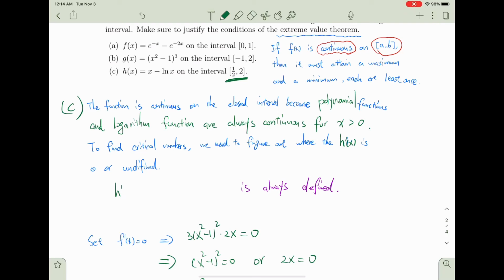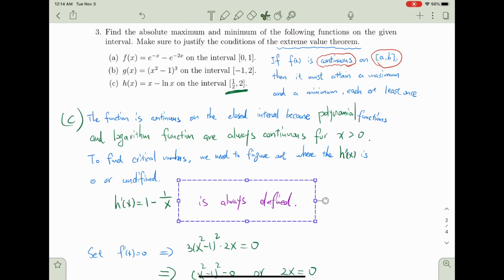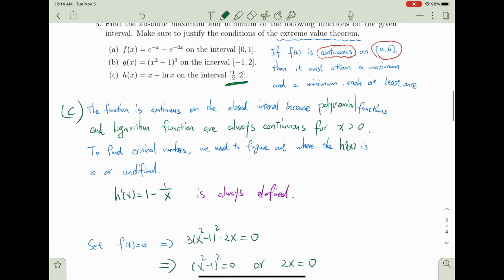h prime of x is equal to 1 minus 1 over x, right? This thing is always defined except x is equal to 0, right? So we need to just change this slightly, which is always defined on this interval from 1 over 2 to 2. That is enough.